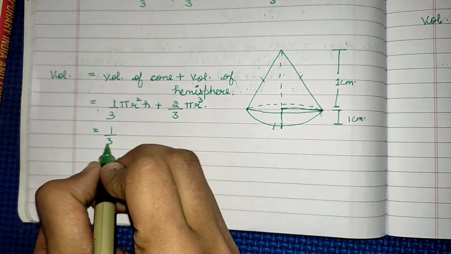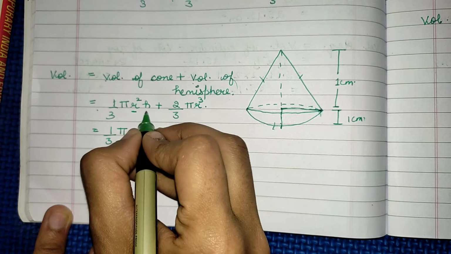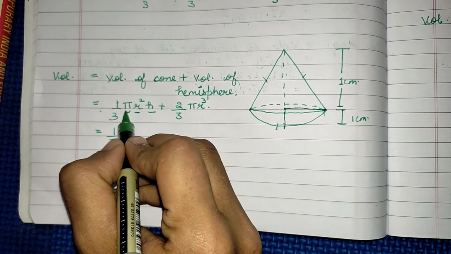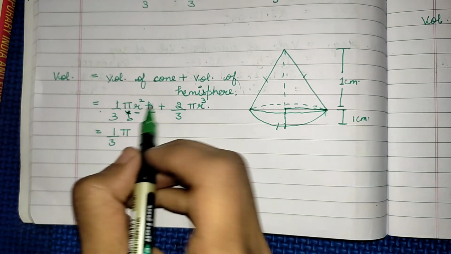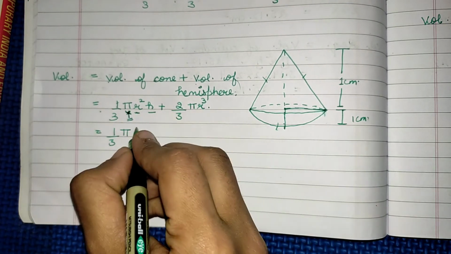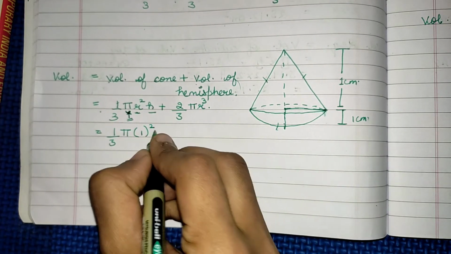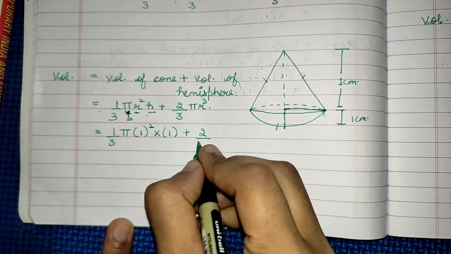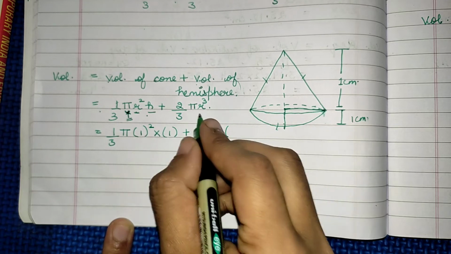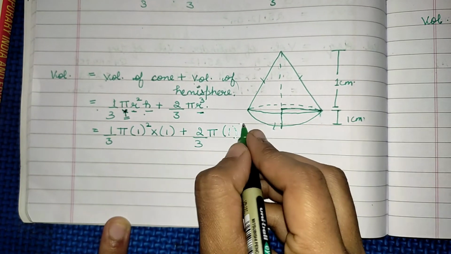So now you have to put the values of r and h only. You do not need to put the value of pi, because they are asking that the answer should be in terms of pi. So r is 1 into h is also 1, plus 2 by 3 pi. Radius is given to us equal to 1.